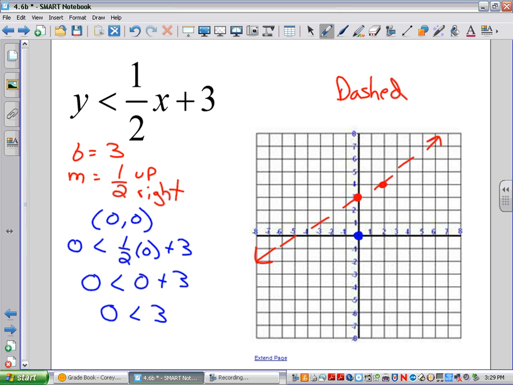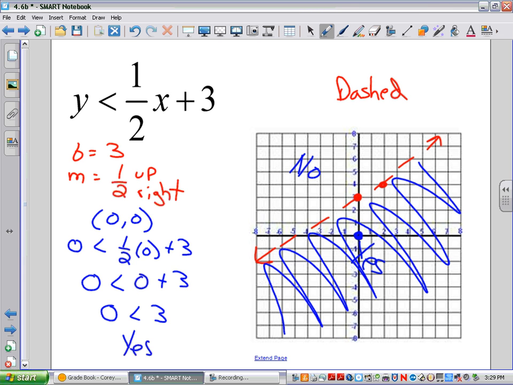So you ask yourself, is 0 less than 3? That is a yes answer. That means my blue dot here becomes my yes side. This side over here is my no side. And I always shade the yes side.